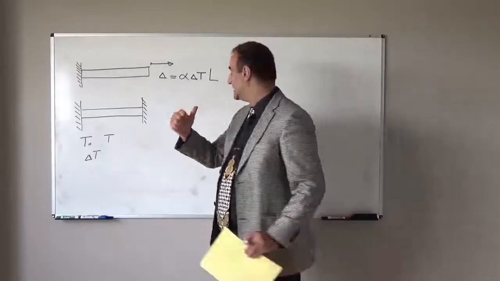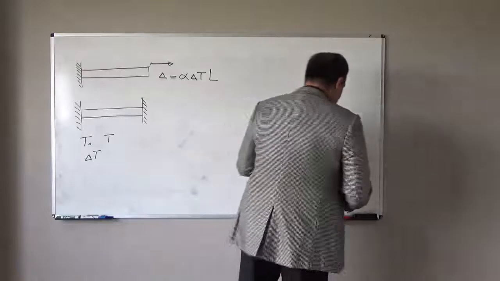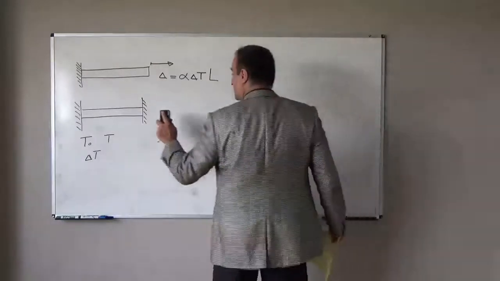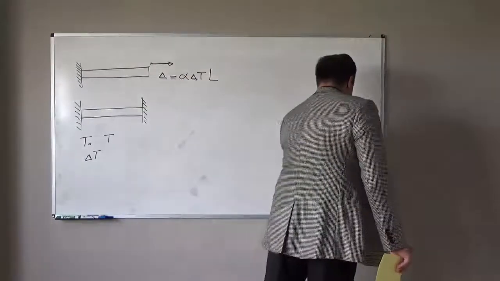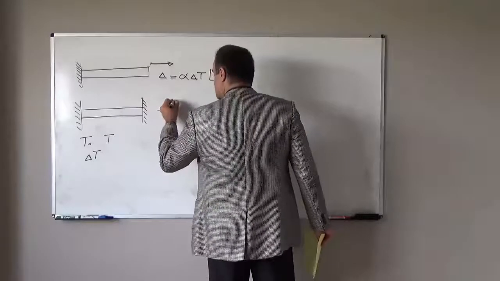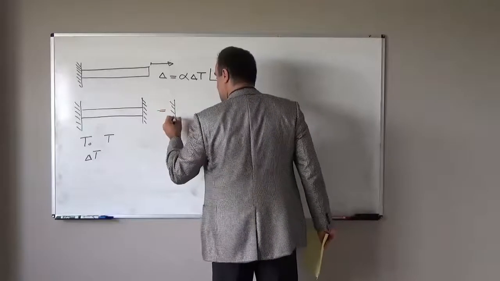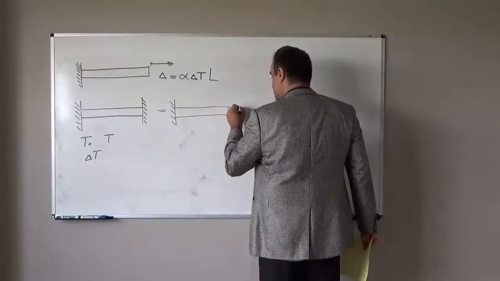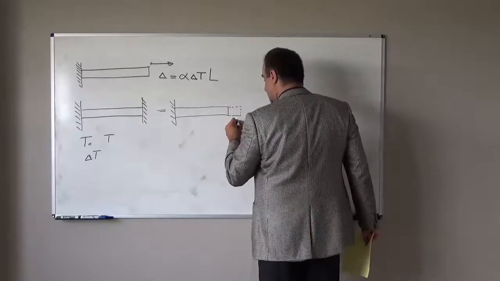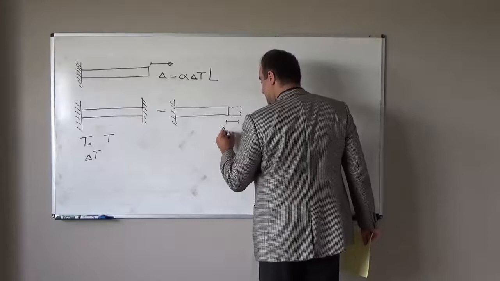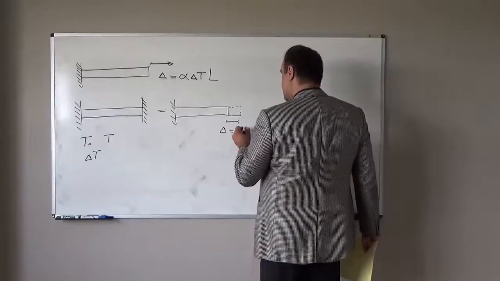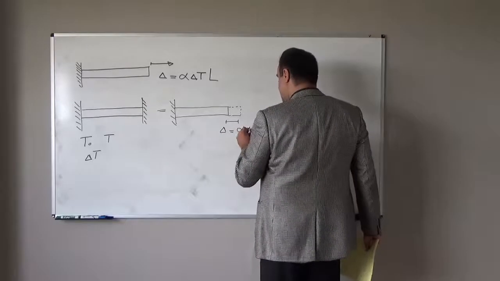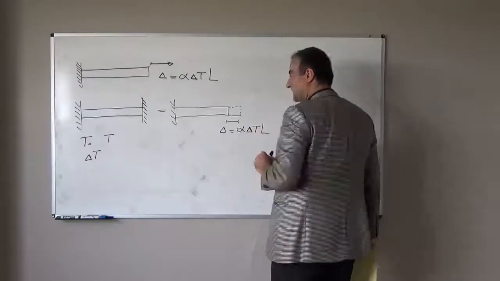It is easy to find. I will assume there is no support here in the first step. If we don't have support, what will happen? We will have deformation delta, and as I mentioned, delta is equal to alpha delta T L.